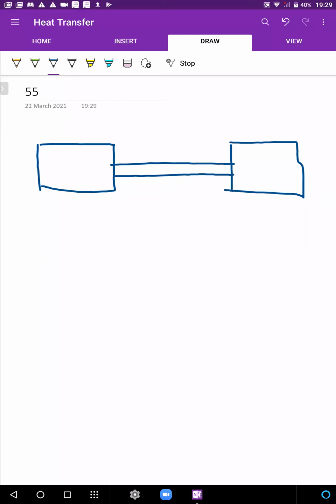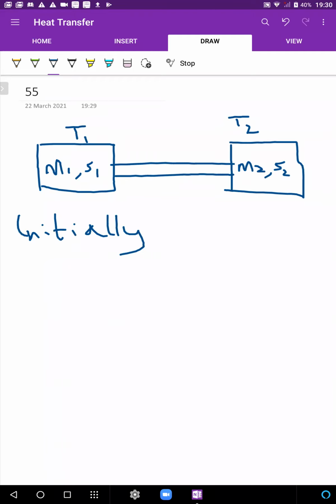So let's say we know this was m1 s1 and m2 s2, and let's say these temperatures are of course T1 and T2 initially. Sometime later they are going to of course have different temperatures.